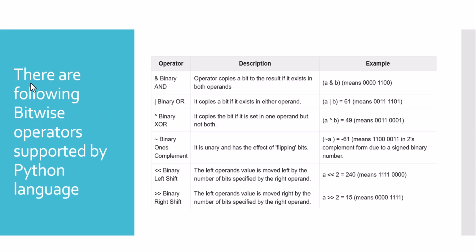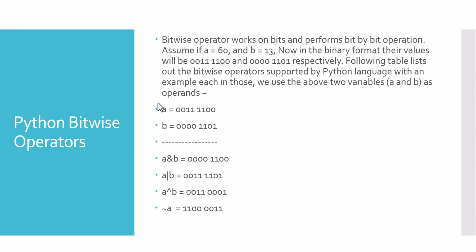There are the following bitwise operators supported by the Python language. This is the sign of binary AND. The operator copies a bit to the result if it exists in both operands, like we see in the example.